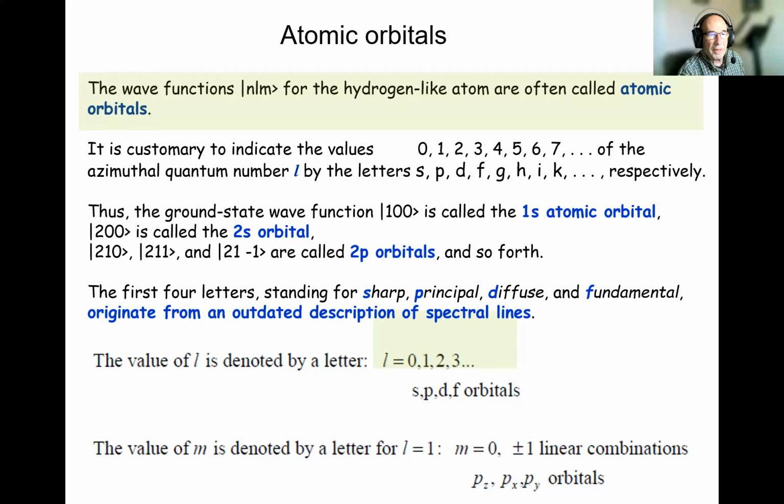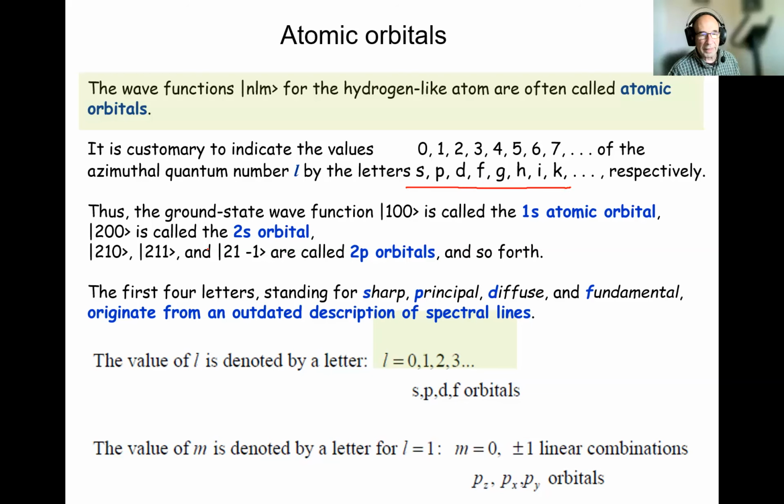The language which we use is related to these notations here: S, P, D, F, G, etc. So we talk about S orbitals, which are kind of spherical, and then P orbitals, which have some dumbbell forms, and then D orbitals, etc.